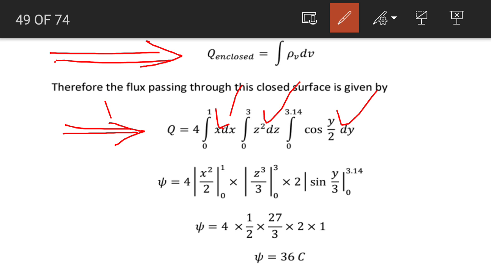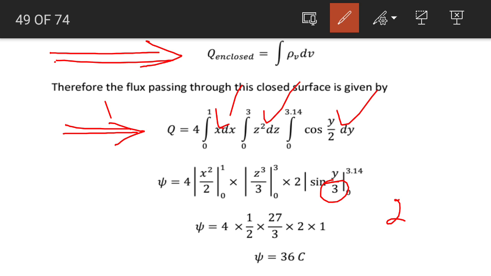You see, the integration of x dx is x square by 2. The integration of z square dz is z cube by 3, and the integration of cos y by 2 is 2 sin y by 2. So this is 2, by the way, this is not 3. So the integration of cos y by 2 is 2 sin of y by 2.